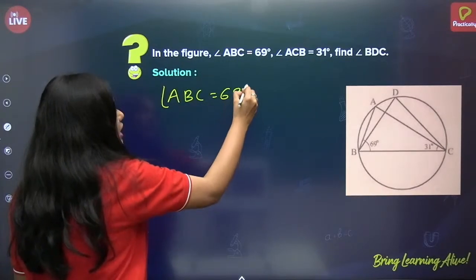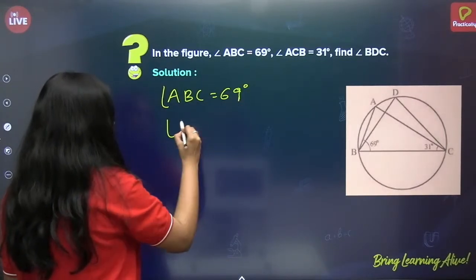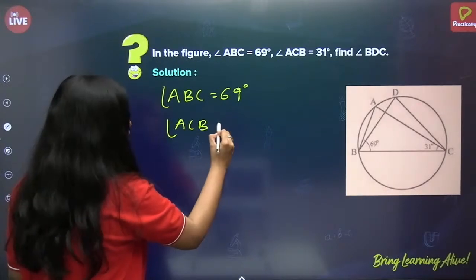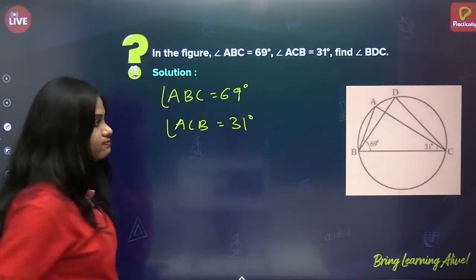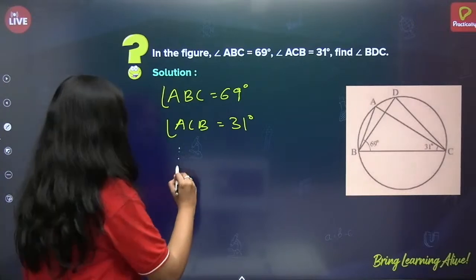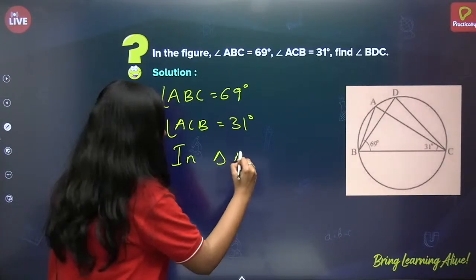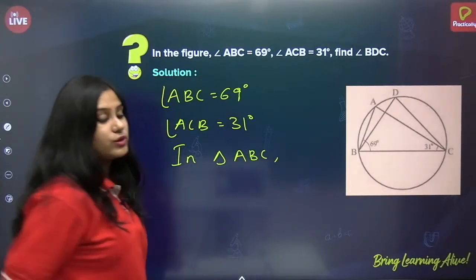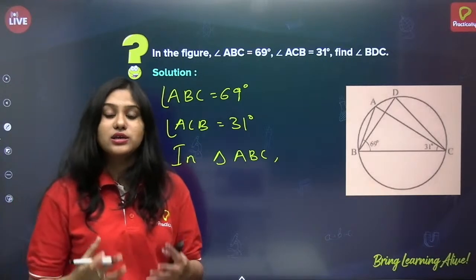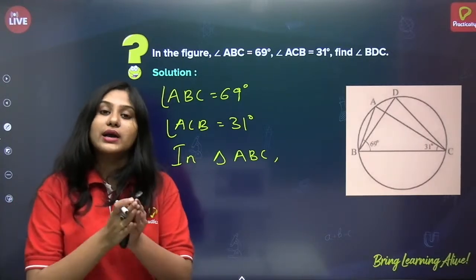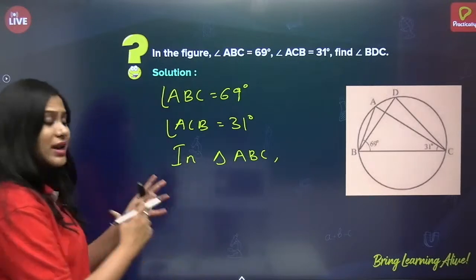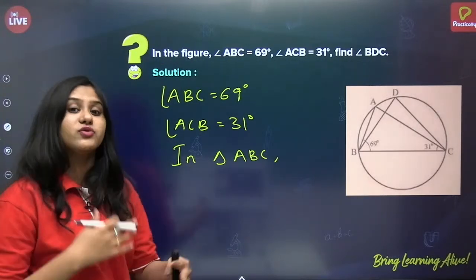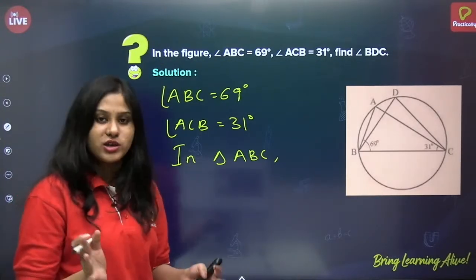Angle ACB is equal to 31 degrees. Alright. So in triangle ABC, we know that the sum of all the angles in a triangle is equal to 180 degrees. So let us apply the same concept which we have been studying for 3-4 years, correct?